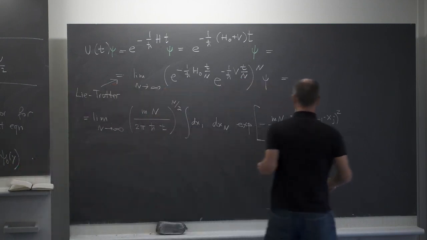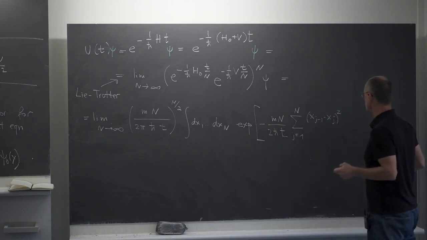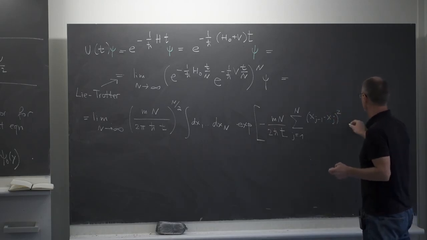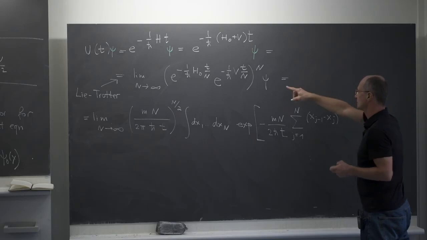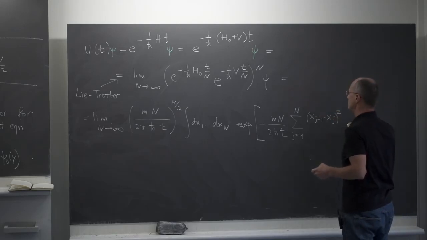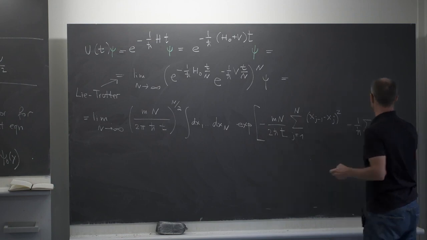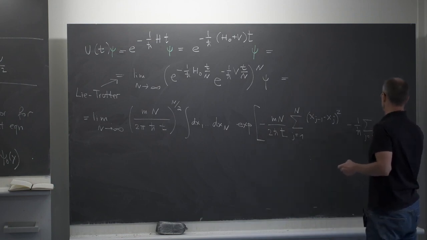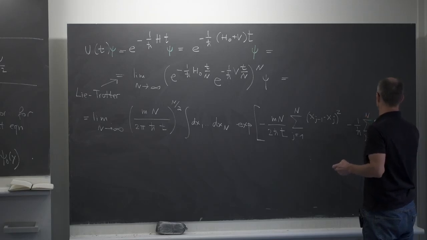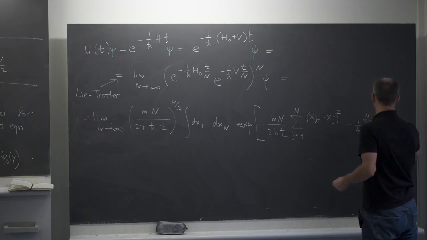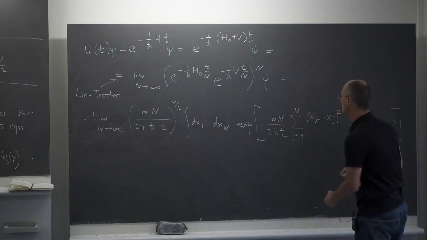Maybe you should probably control what I'm doing, right? And here will be minus 1 over h bar sum j from 1 to n V of x_j, right?